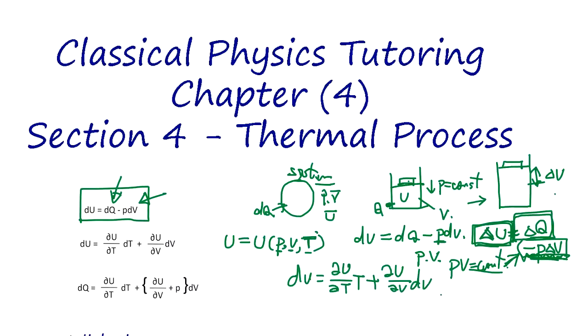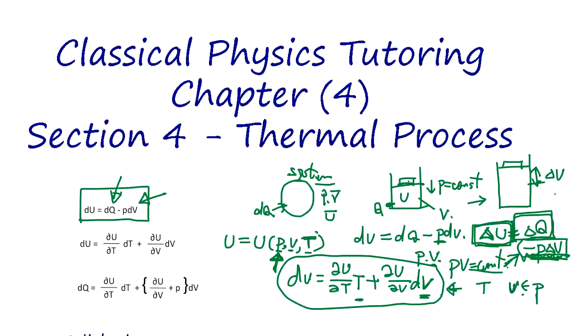So why don't we have a dP? The reason is that internal energy depends on T and V, but P is a function of V in the ideal gas. So it's not an independent variable. Independent variables can be only two.